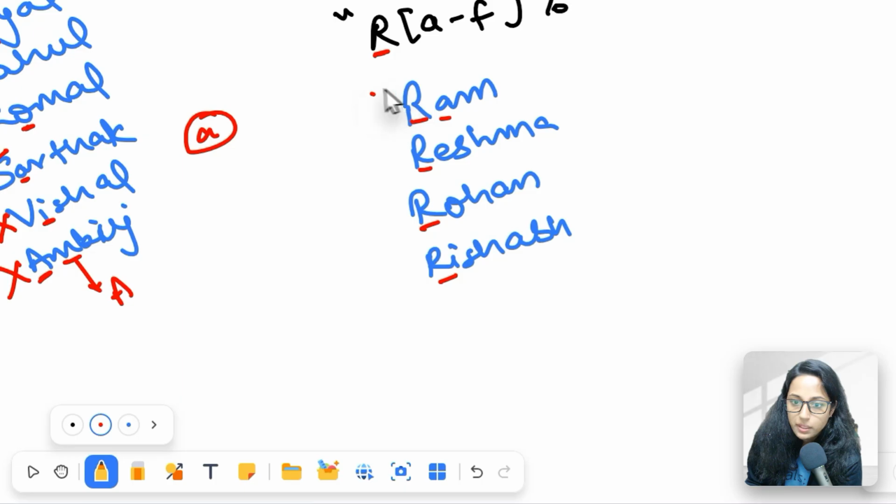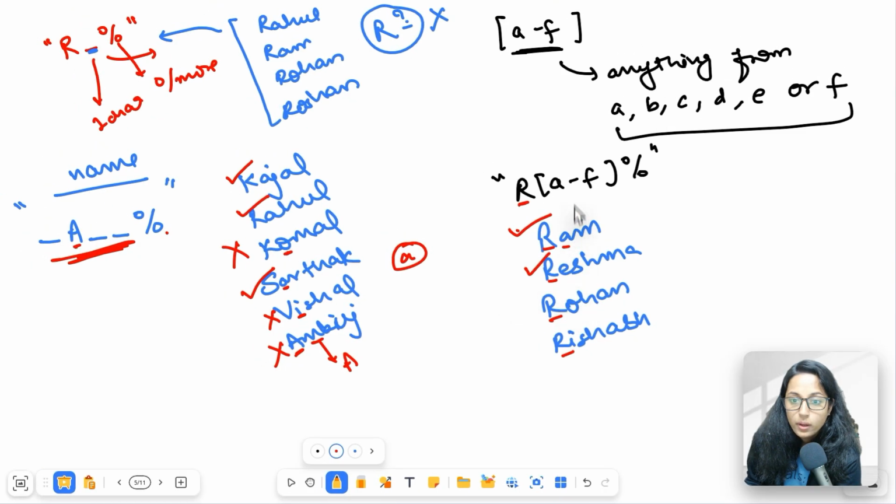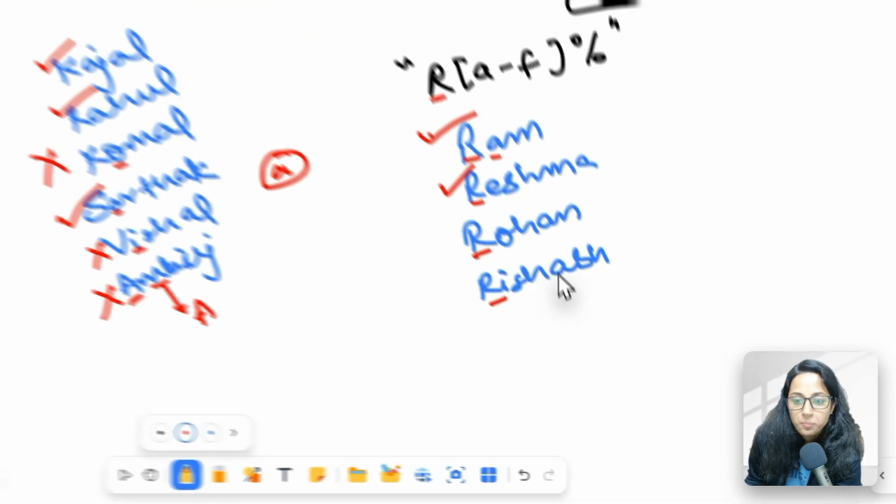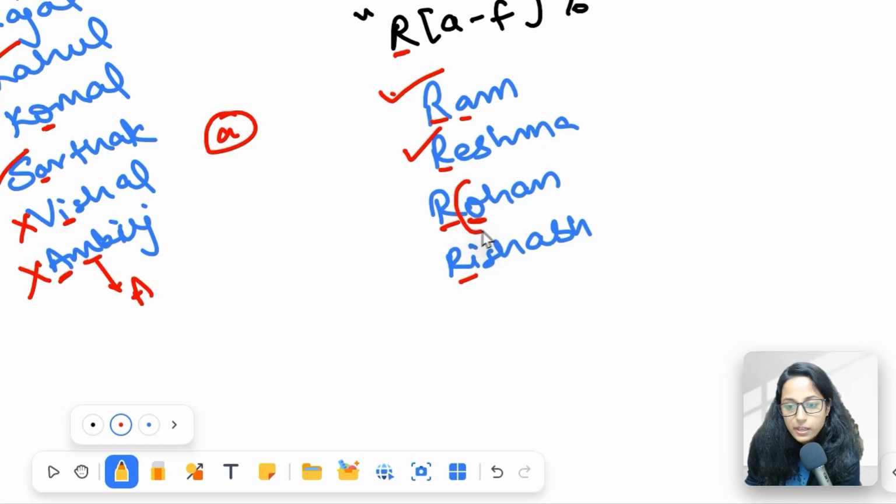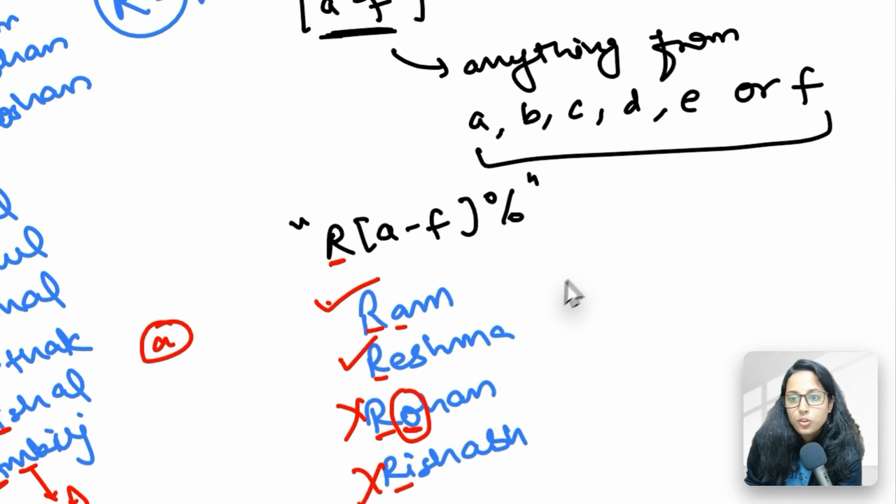And the rest can be anything. So yes, this can be one. Reshma, E is there, yes. Rohan, R O. Is O here? Any character out of A, B, C, D, E, or F can be my second character here, but this is not the case. We have O here, so this is incorrect. Rishabh, I. Do we have I here? No. So only these two are satisfied.